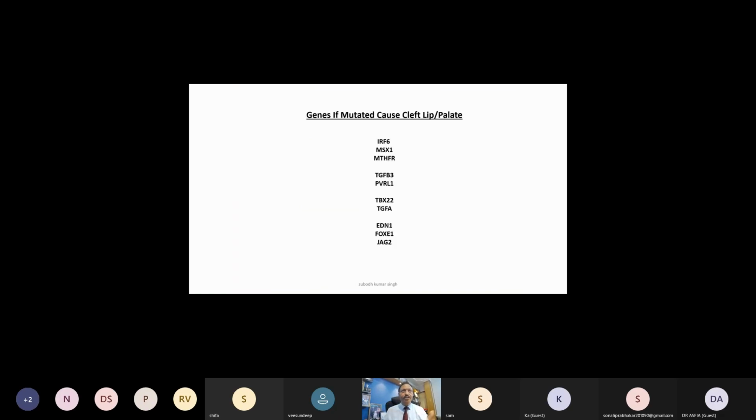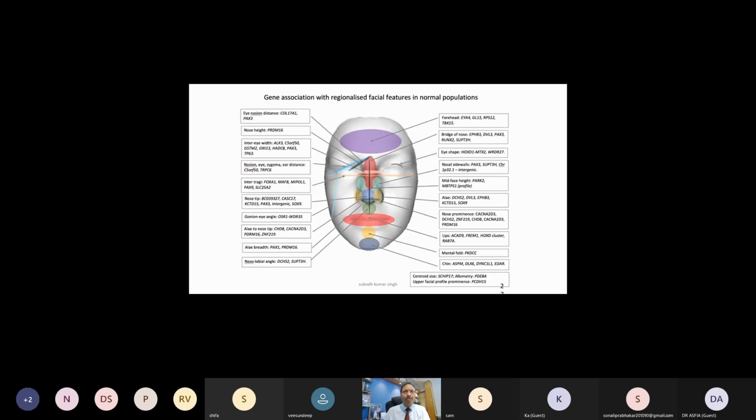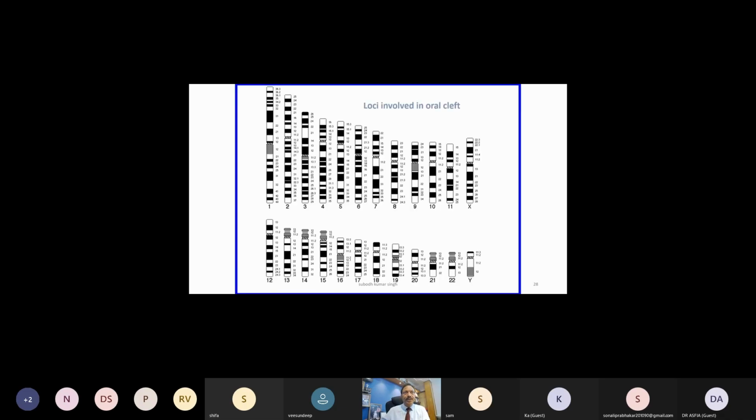So there are so many different genes, and we have studied most of them, which are responsible for cleft lip and palate, but no single gene has been proclaimed to cause cleft lip and palate. About 350 genes and loci have been found to be associated with the causation of cleft, and they are present on almost every chromosome.